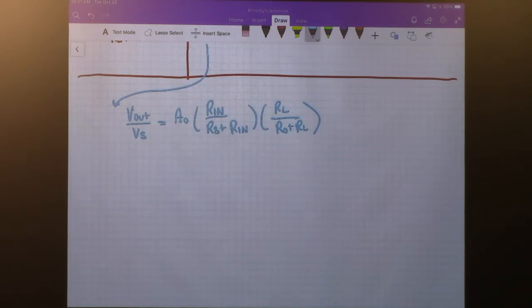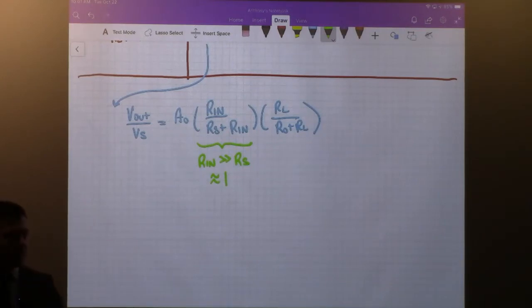Now, the way that we can get rid of the effect of the load on the source is to simplify those two fractions, the second and the third one, down to a 1. So how could we do that? If Rn is significantly greater than Rs, then this will all simplify down to a 1, right? If you have 1,000 over 1 plus 1,000, that's approximately equal to 1.